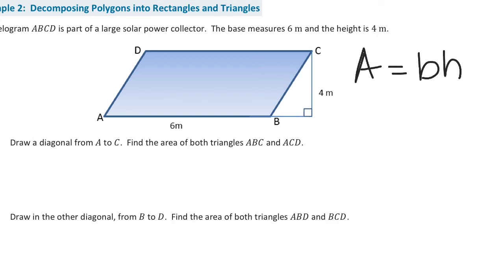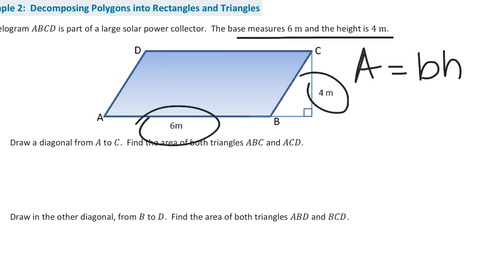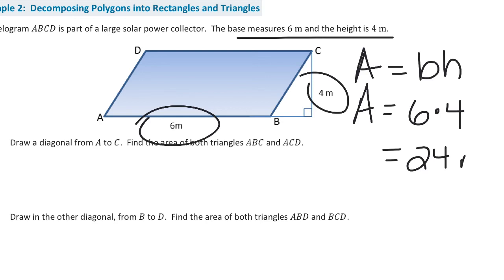So look at the figure, identify what is your base and what is your height. I gave it to you here, but you can also recognize it in your picture here and here. So the area equals 6 times 4, which is 24 meters squared.